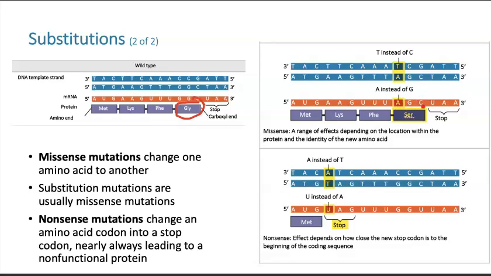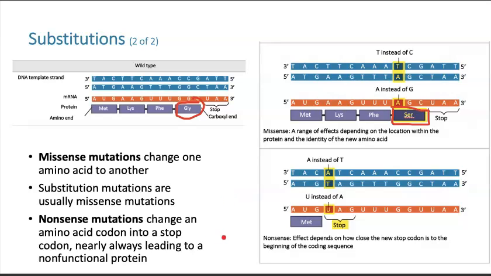Remember, sometimes in the third letter of a codon, you can have some wobble, and it still codes for the same amino acid. But if you're changing the first one, you're almost always going to get a new amino acid. So when you get a different amino acid, you have a missense mutation. Substitution mutations really are more often than not missense mutations.